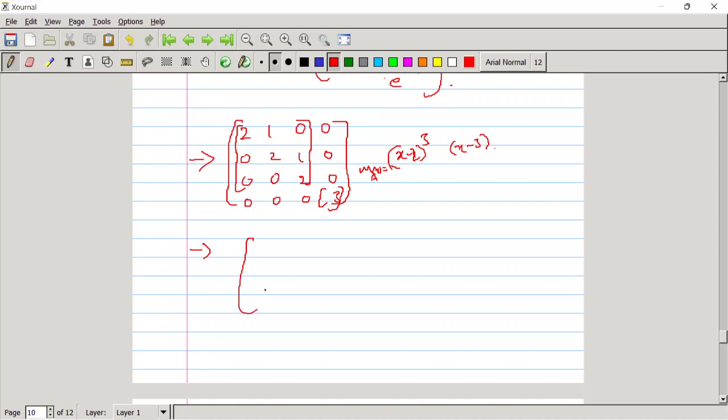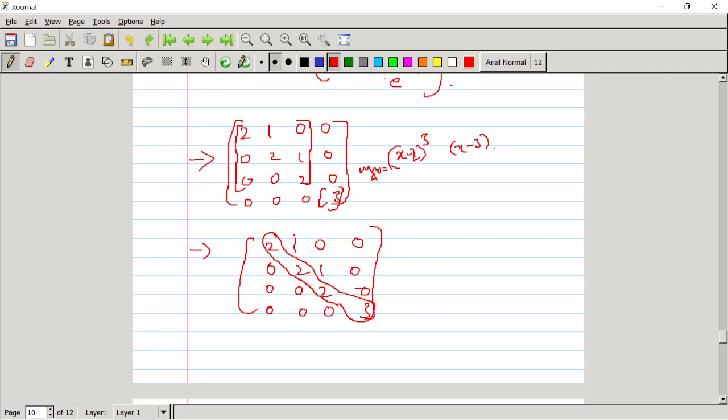So the given matrix is 2 1 0 0, 0 2 1 0, 0 0 2 0, 0 0 0 3. Firstly, you have to look at the diagonal elements and then look at the next element to the diagonal element. If this is 0, then we can consider this element as only one block. If the element next to the diagonal element is non-zero, then we have to go to the next row.